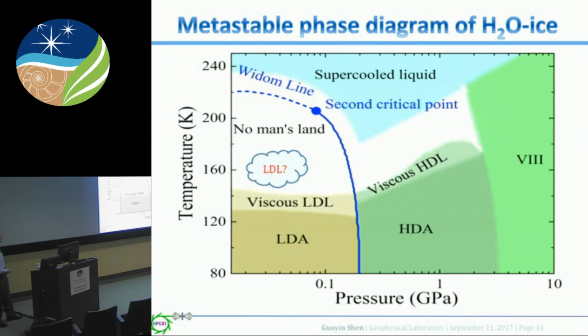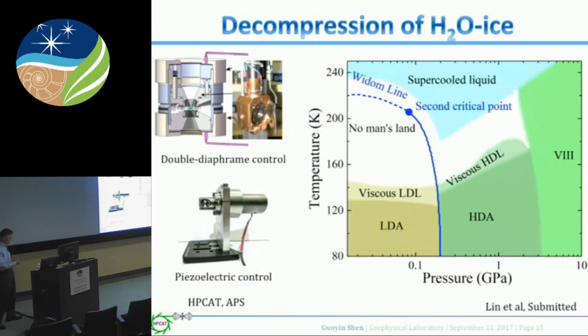So this is the important question, of course, whether we can really see the low density liquid for H₂O there. And the approach we take is to use pressure. We use a so-called double diaphragm control, meaning that we use a membrane type or diaphragm type of pressure control device so that we can release or increase pressure very fast.